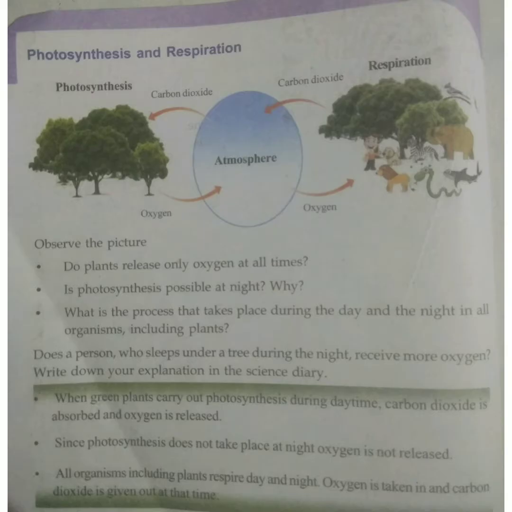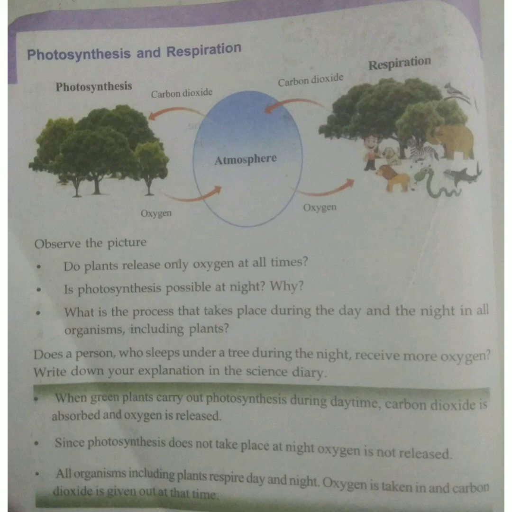Okay, now let's read our textbook. Page number 12 deals with photosynthesis and respiration. Okay, let's read together. Photosynthesis and respiration. Observe the picture. Do plants release only oxygen at all times? Is photosynthesis possible at night? Why? What is a process that takes place during the day and the night in all organisms, including plants?